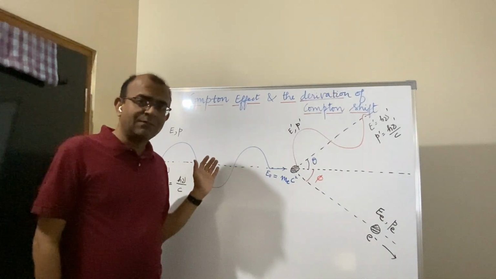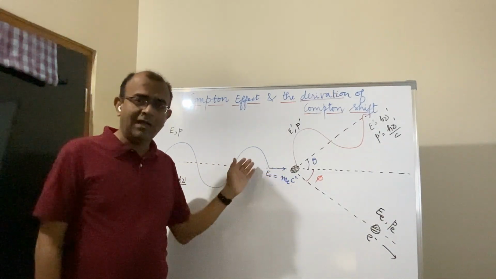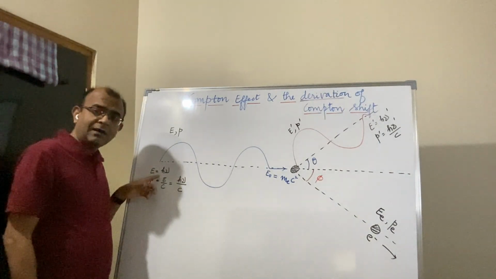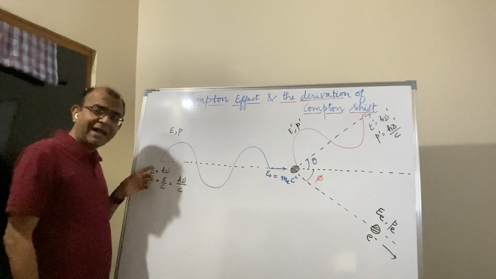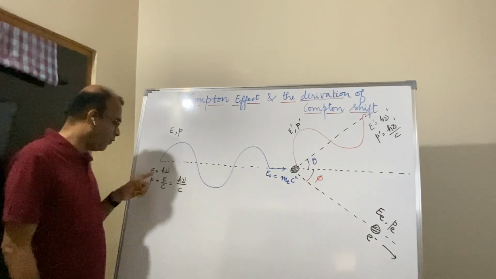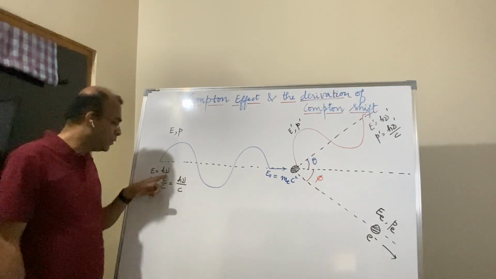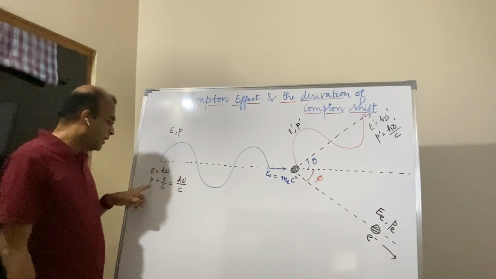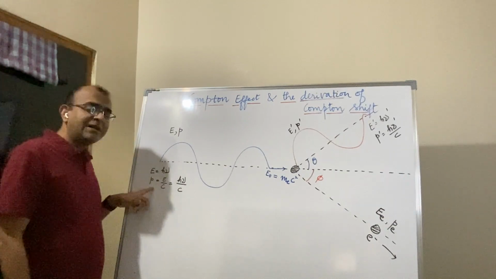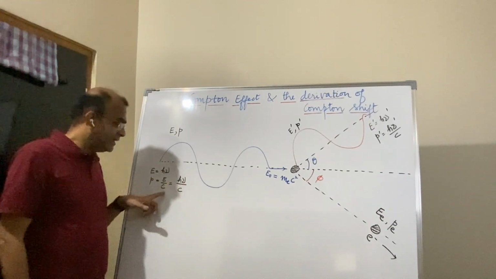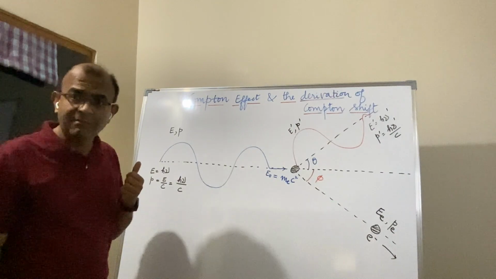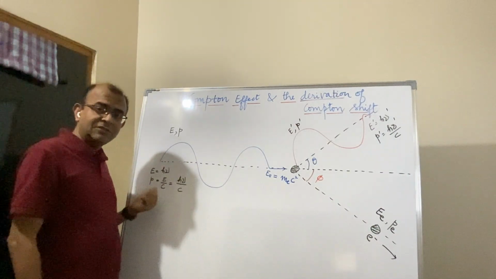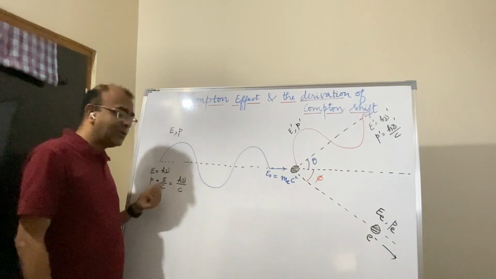The photon loses some of its kinetic energy to the electron, and therefore, as per the quantum mechanical relation of the energy of a photon, E is equal to h nu, where nu is the frequency of the incident photon, its momentum P is equal to E over c, because photon is a massless particle. The momentum and energy are connected by this equation, P is equal to E over c.